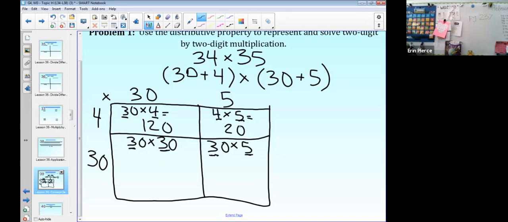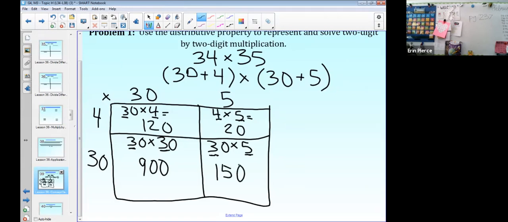It was 900. So our answer was off. It should have only been 900 on the first one. 10 times 10 equals hundreds, right? So that was Mrs. Pierce's fault for not catching that. But it is 900. 30 times 5. 150.